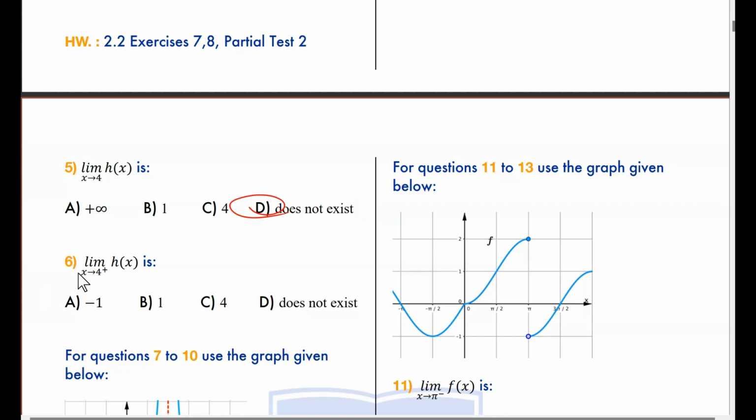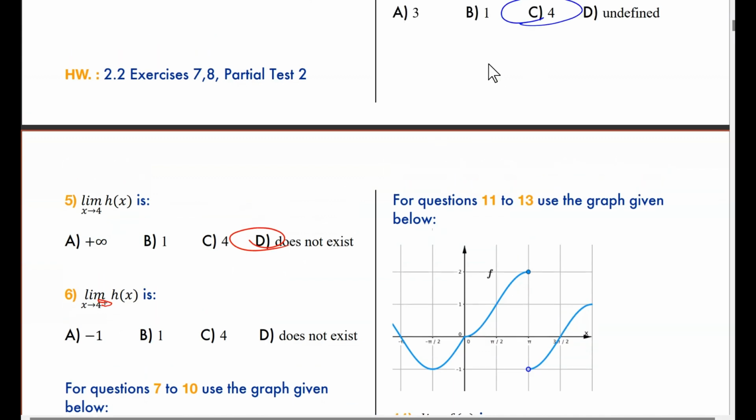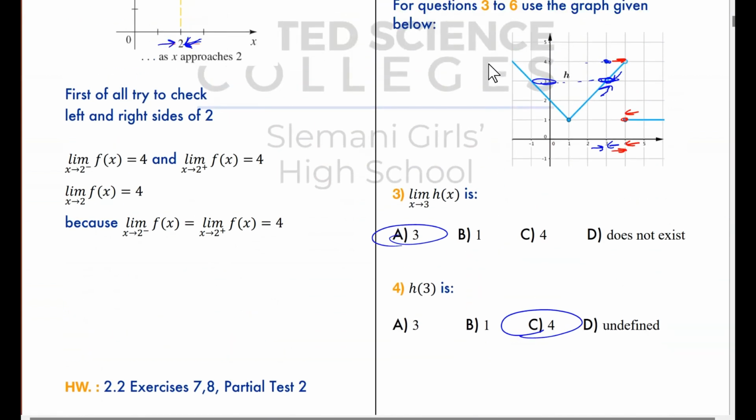What about the next one? Still the same graph. Limit as x approaches 4 from the right. That plus indicates that x is approaching from the right. So from the right, let's go back to the graph again. Even though we can't talk about the limit at a point when there is a jump, we can talk about a one-sided limit.